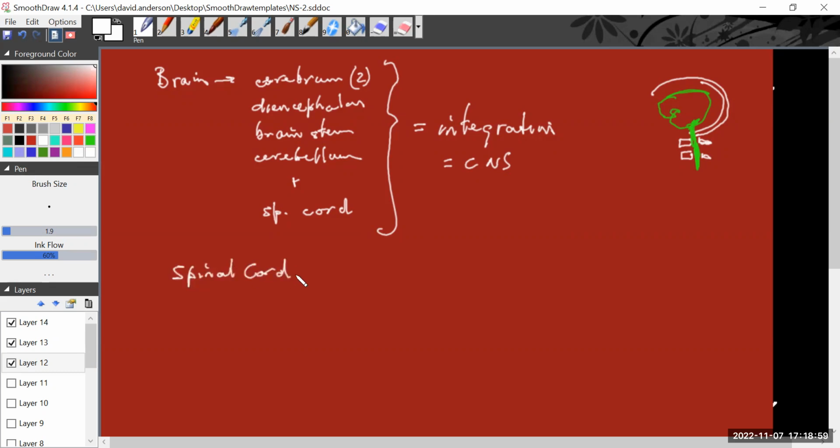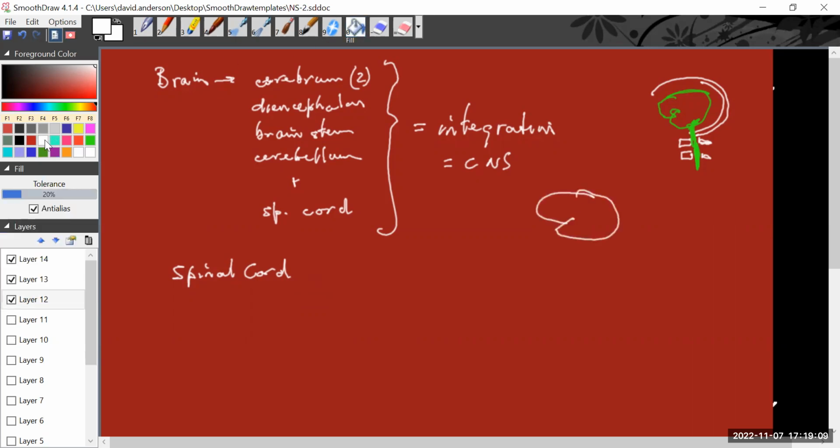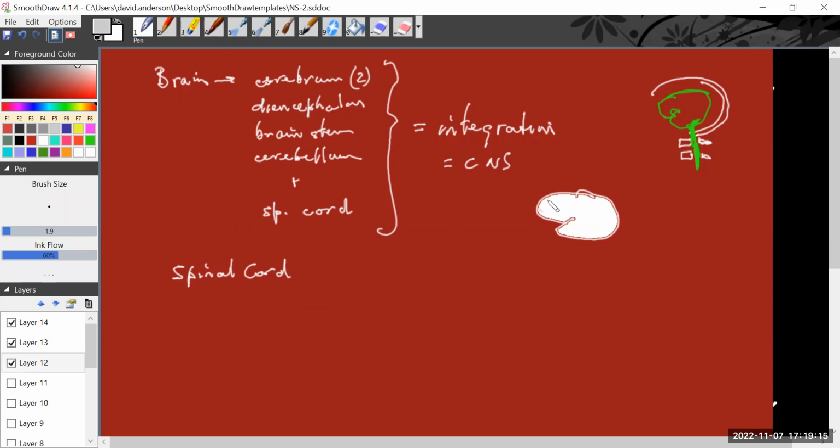So our spinal cord is going to also have gray matter and white matter. Remember, we said the cerebral hemisphere was pretty much all white matter centrally, with a bunch of gray matter pushed up against the outsides. The outside 2 to maybe 4 millimeters or so is all gray matter.